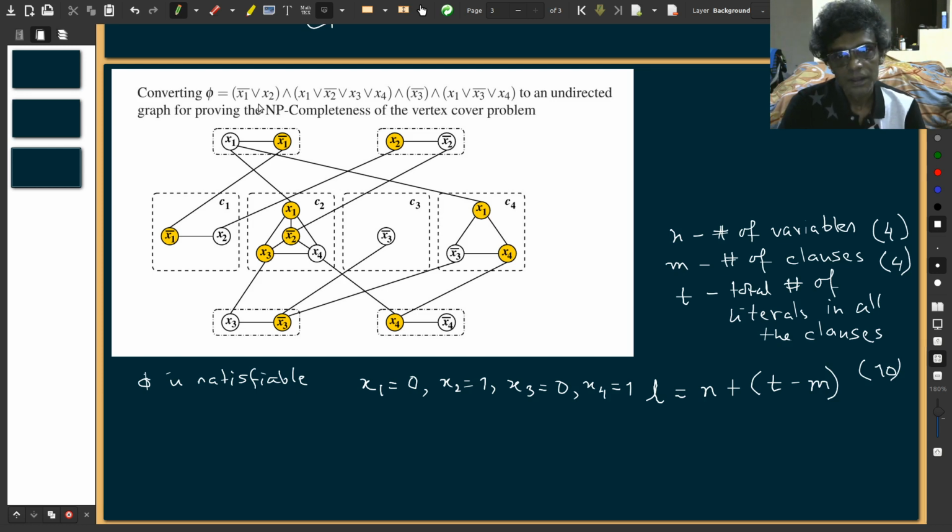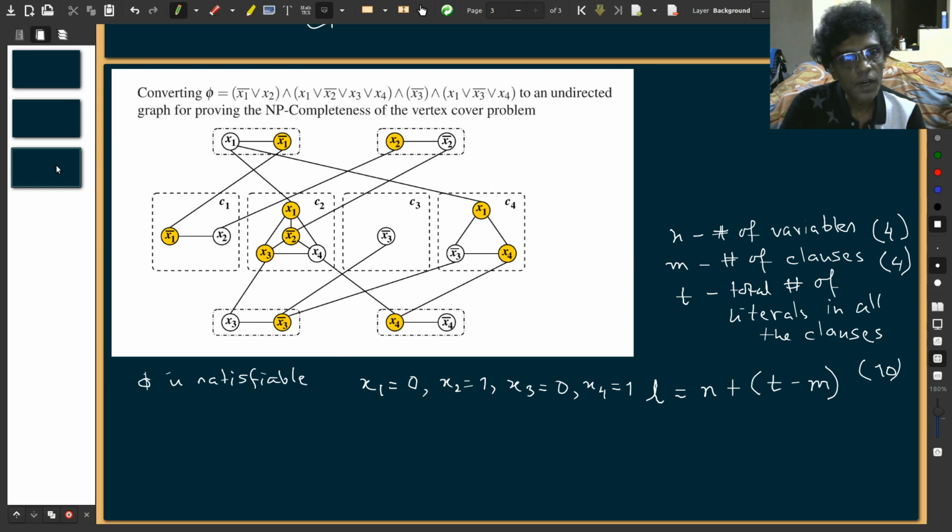If we make a problem like x4 complement we have chosen, then x4 is 0, but then this edge is not covered. That is not possible, because it is given that we started with a vertex cover. So all edges are covered. Okay, so it's also complicated, but I believe it is a less complicated construction than the Hamiltonian path problem.